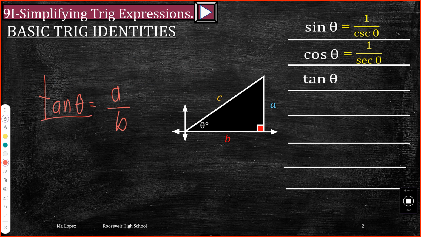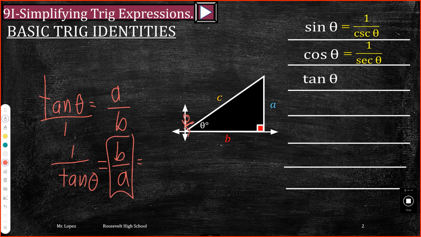And if I flip it, I'm going to get B over A. And I flip this, it's going to be 1 over tangent, because I flip both sides. But what is B over A with reference at origin?